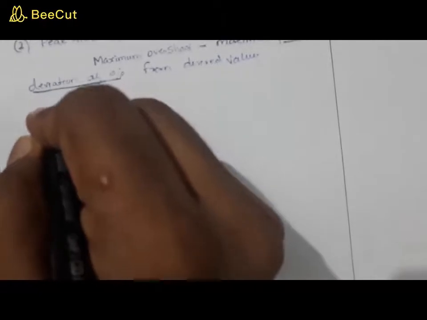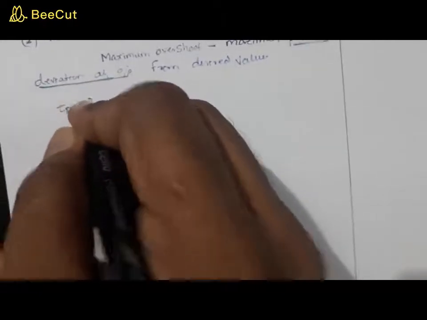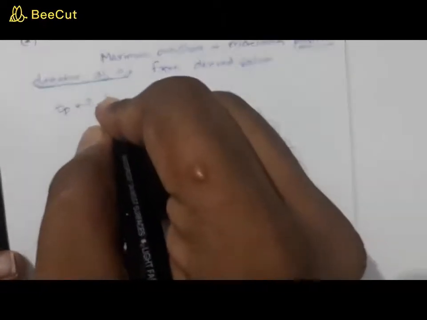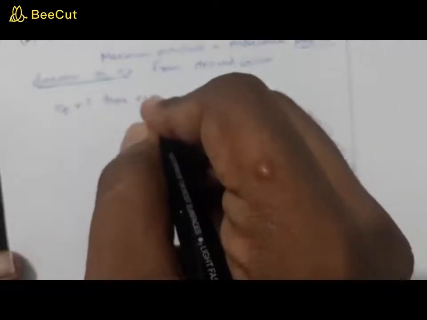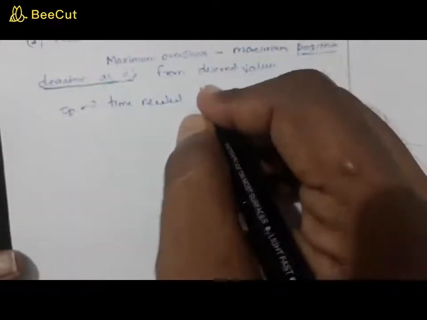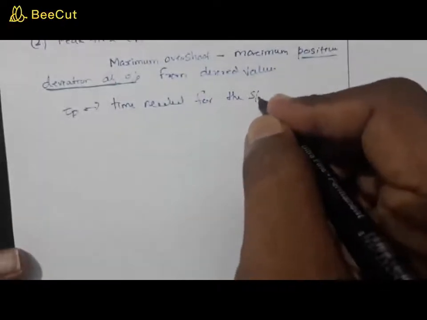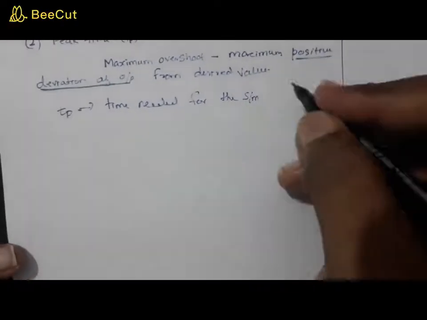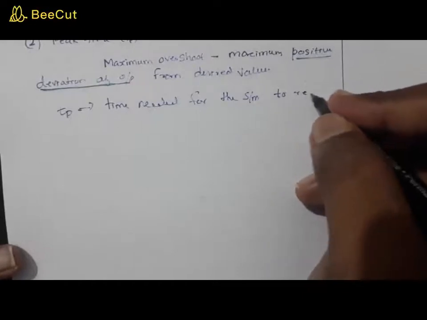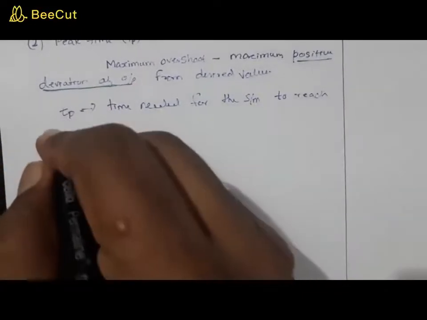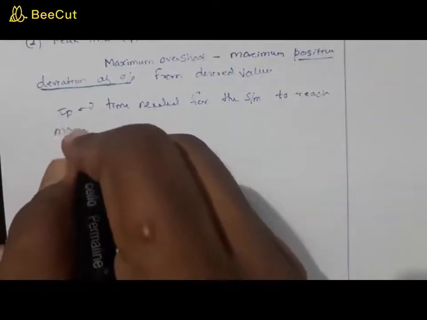So TP, or peak time, can be defined as the time needed for the system to reach maximum overshoot.